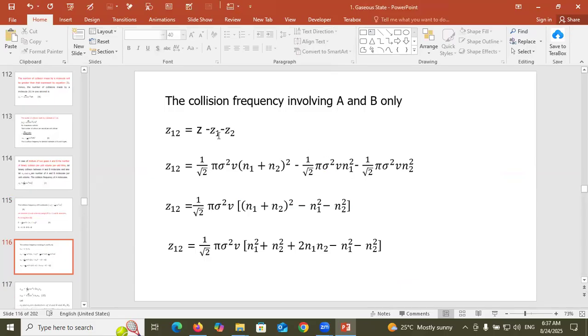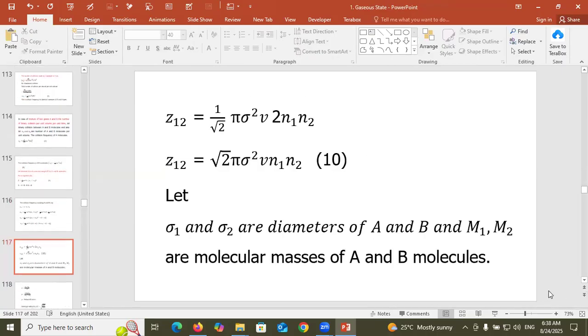The collision frequency involving A and B only is Z12 equals 1 over root 2 pi sigma squared v 2 n1 n2, so Z12 equals root 2 pi sigma squared v n1 n2, where sigma 1 and sigma 2 are the diameters of A and B, and m1 and m2 are the molecular masses of A and B.